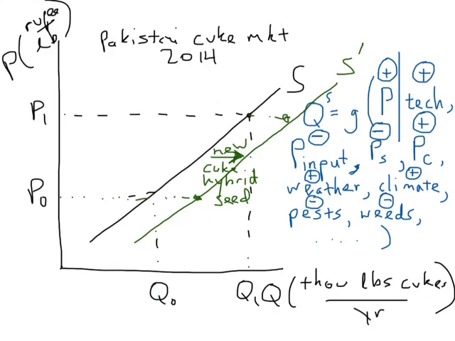That's this input price going up. Notice I have a negative relationship. So if input prices are going up, it's going to be harder to supply cucumbers to market. That means at any given price, whether it's P1 or P0 or any other price, there's going to be a smaller quantity supplied to market. If we connect the dots on all the prices and the new quantities supplied, we get S double prime. Notice I've already used up S prime, so it's got to be double prime.